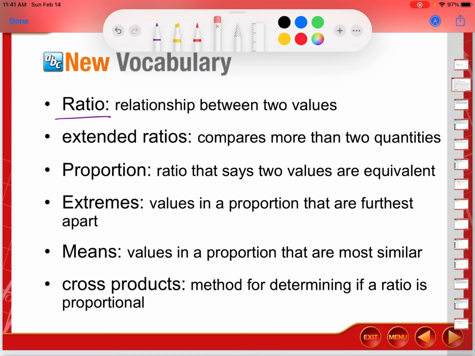Extremes and means. The extremes are the values in a proportion that are furthest apart, and the means are the values in a proportion that are most similar.